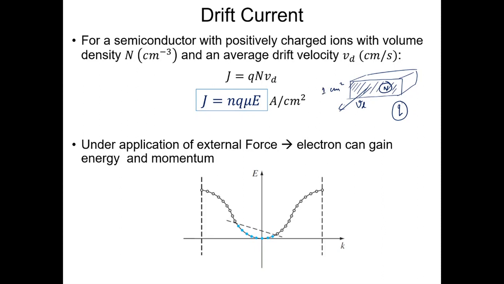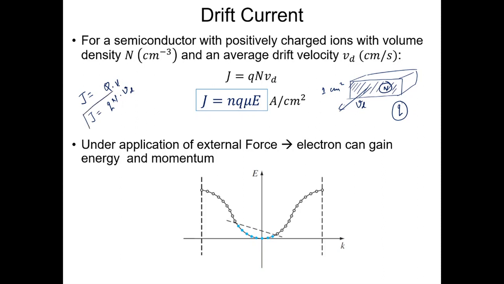right? So now the total absolute current density through this cross section is going to be total charge times velocity. Total charge here is q times n and velocity is vd.